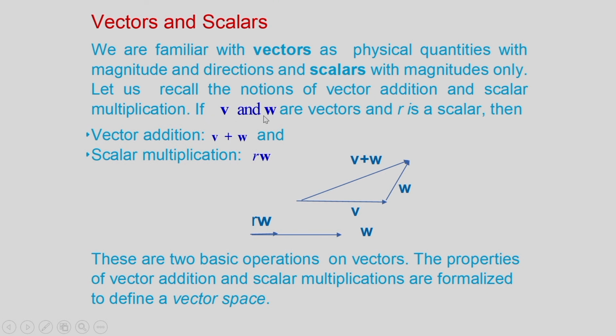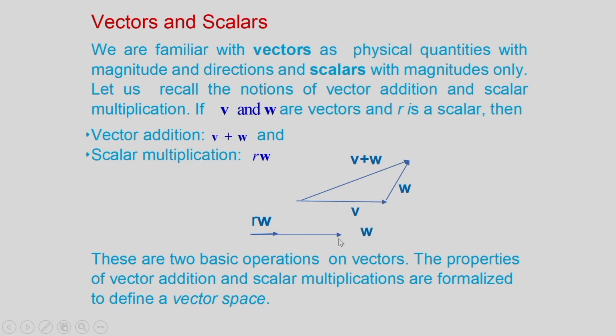If V and W are vectors and R is a scalar, then vector addition is V plus W and scalar multiplication is RW. Now, in a two-dimensional plane, if this is V and this one is W, then V plus W is given by this. This is the vector addition.